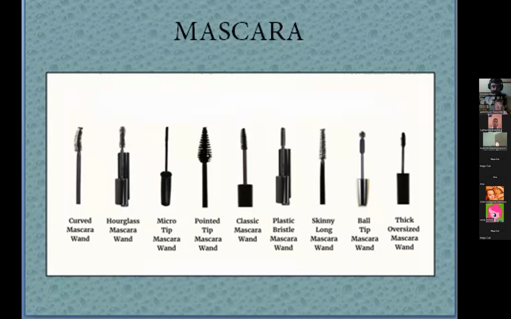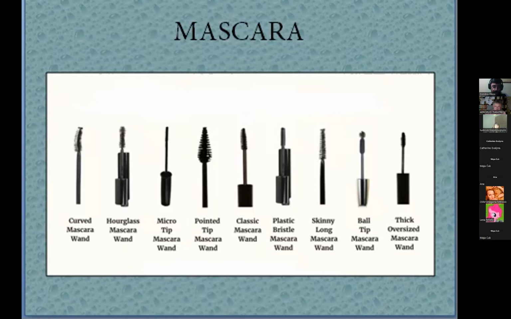The skinny long mascara wand will cover the lashes from root to tip, making them appear longer, separated, and certainly more defined. And the ball tip mascara wand is designed to add volume to the lashes. The round shape of the brush helps create a fuller, more dramatic look, while giving the user precision during application.